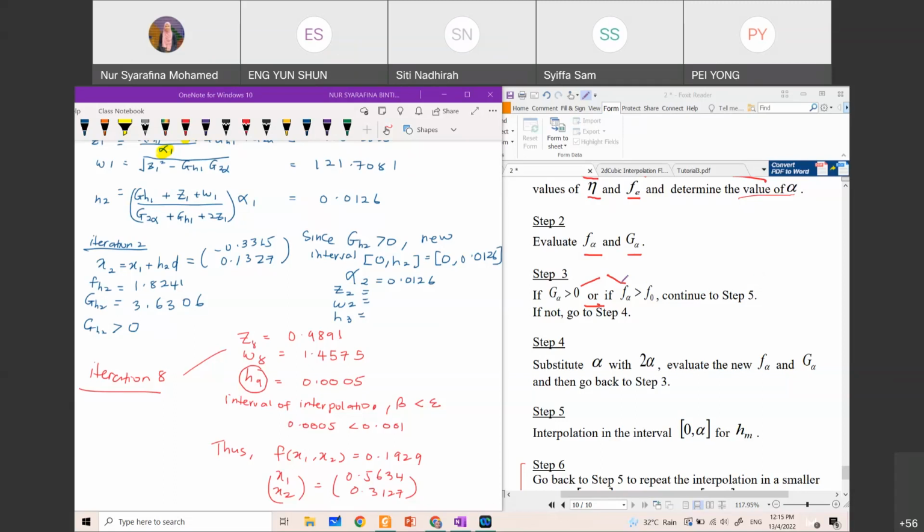Please proceed with the iteration, with the calculation. If you have problem, you can ask me directly. So I think that's it for cubic interpolation. Next class, we're going to proceed with the Hooke and Jeeves method. Your test one will cover up until the Hooke and Jeeves method.